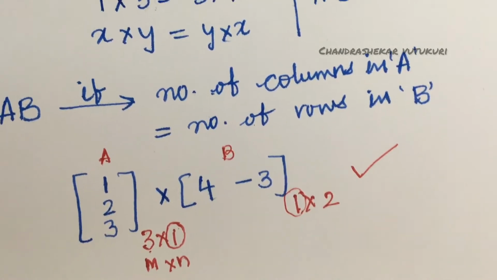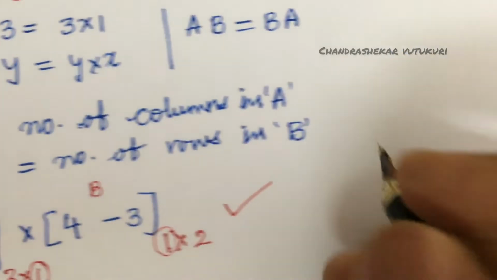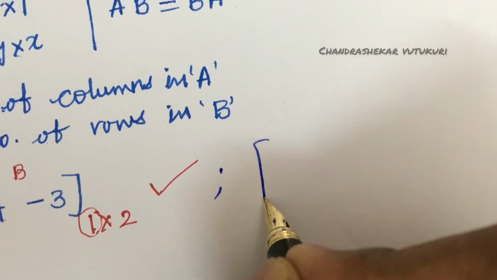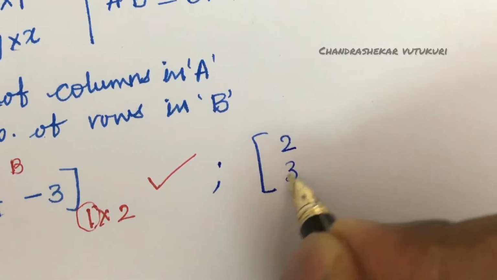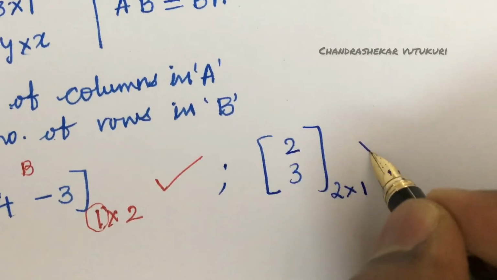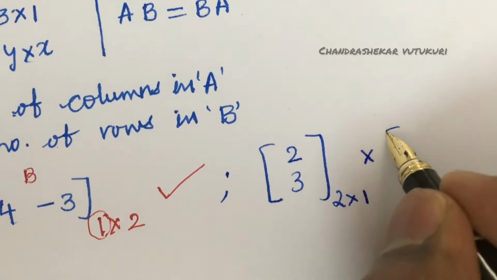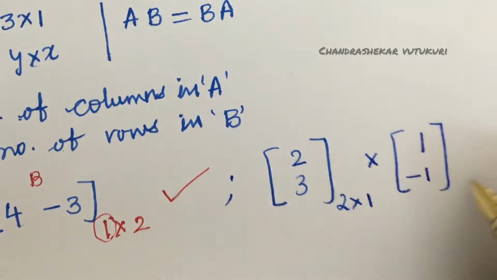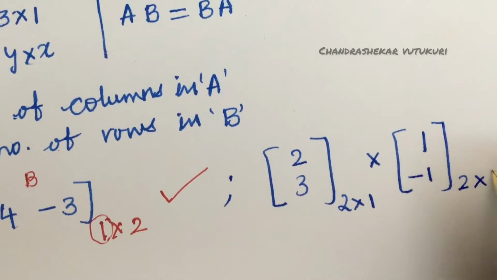Let me take one more example in order to work this out. Let us take one more example, dear students. The matrix A is of size 2 and 3. This is a 2 by 1 matrix, and it needs to be multiplied with a matrix of 1 and minus 1, which is also of size 2 by 1.